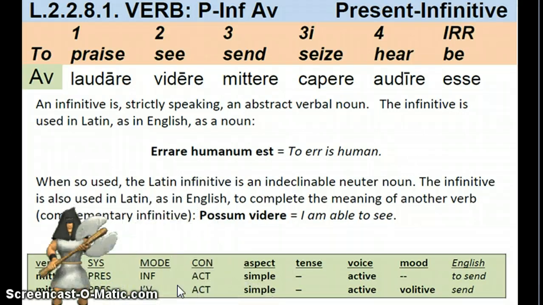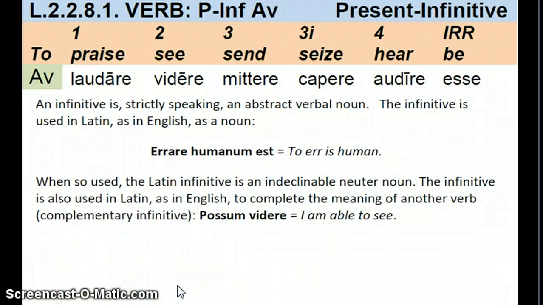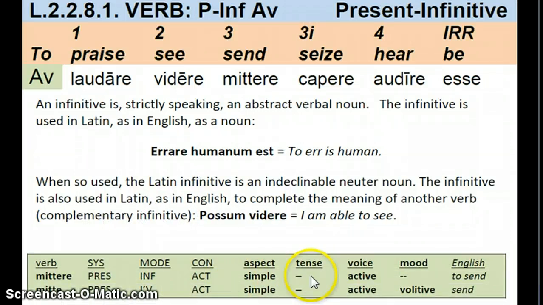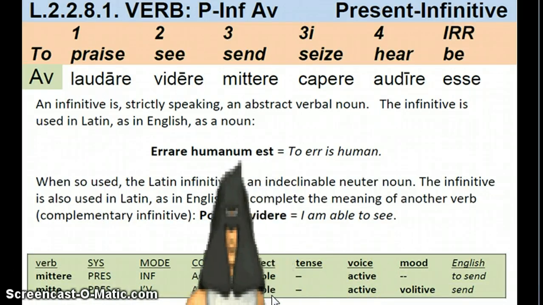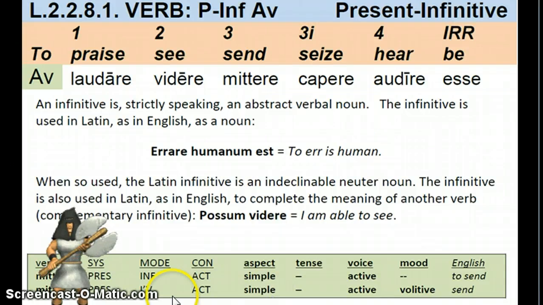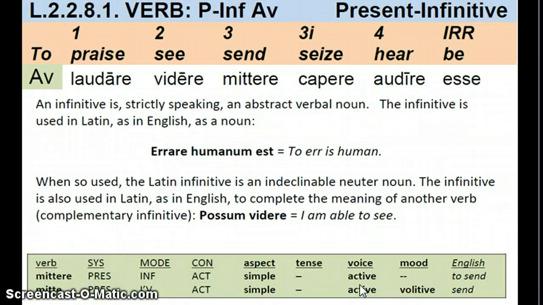Infinitive. And it's going to be translated as to send. You see that in the difference between mitte, because that's the imperative, that's going to have a volitive mood. Otherwise, it looks a lot alike and acts a lot alike. Well, not really. Neither of them signify tense.